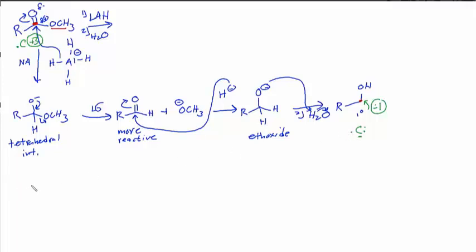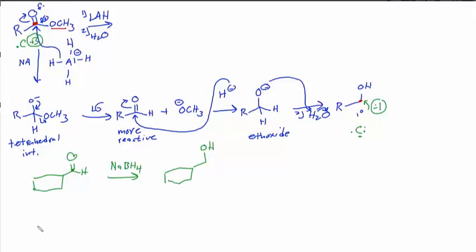So some practice. What is the product here in this case? When doing a reduction, all we have to do is take this central carbon and add a hydrogen to it. In this case, there is only one hydrogen to be added. We end up with a primary alcohol.